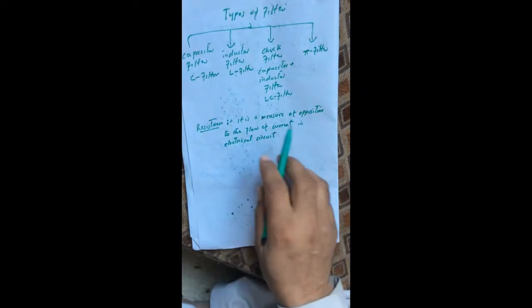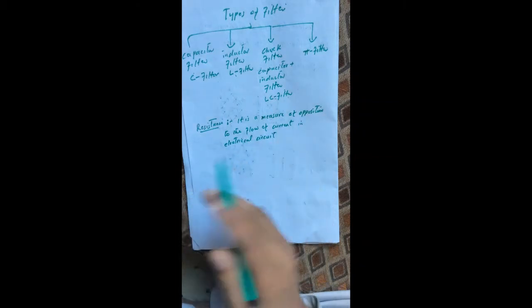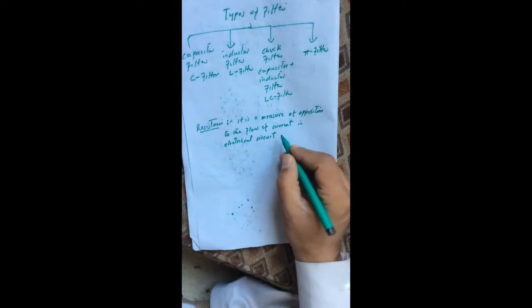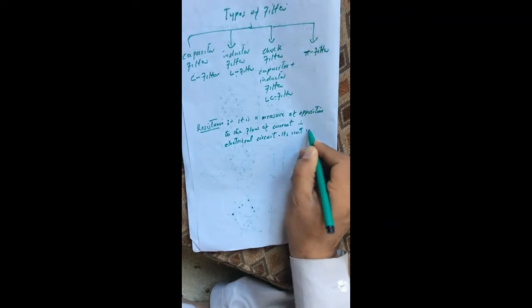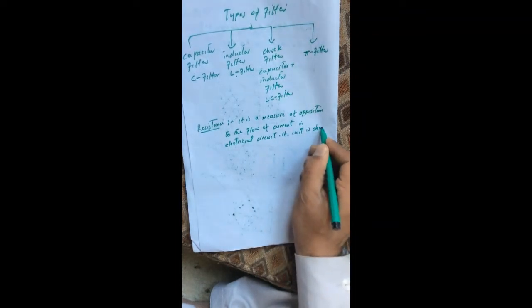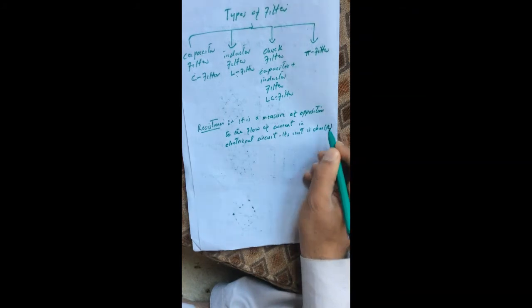The opposition to the flow of current in any electrical circuit is called resistance, and its unit is ohm, represented by this symbol ohm.